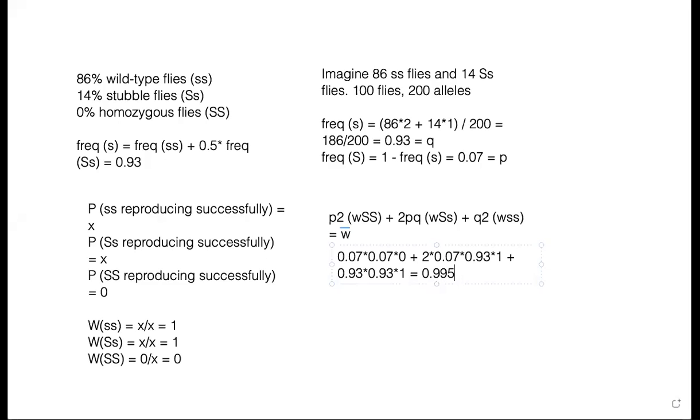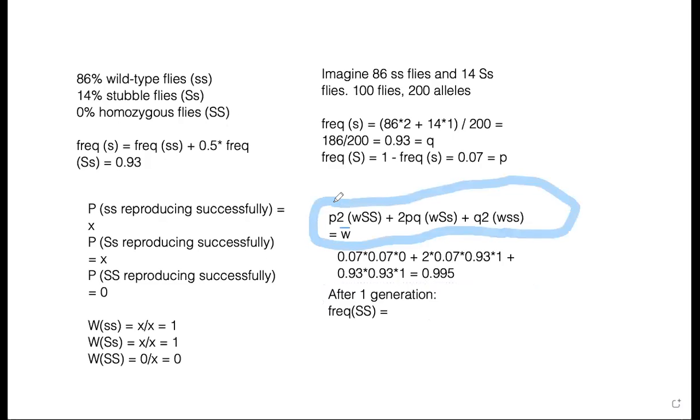Our predictions for what should happen after one generation, our predicted frequency of big S, we get these predictions by taking that equation that I just wrote over here and dividing all of its terms through by W bar.